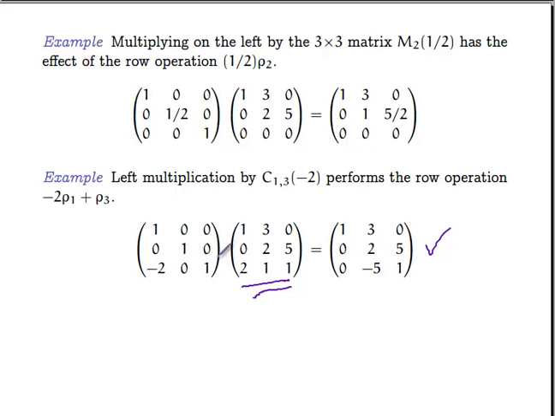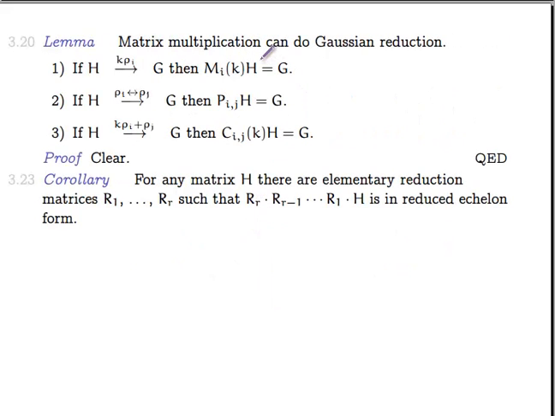So we have a way to perform row operations by means of matrix multiplication. Matrix multiplication can do Gaussian reduction. Since we've seen that we can do row operations by matrix multiplication, all we have to do for row reduction is multiply successively on the left by the different matrices corresponding to the different row operations.